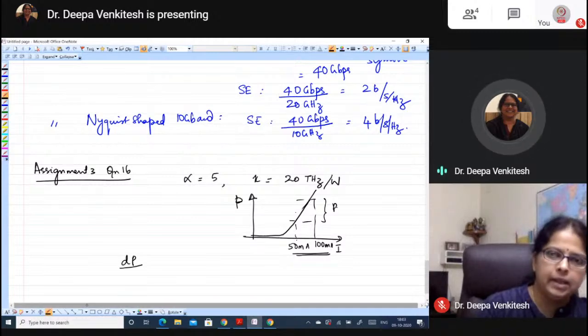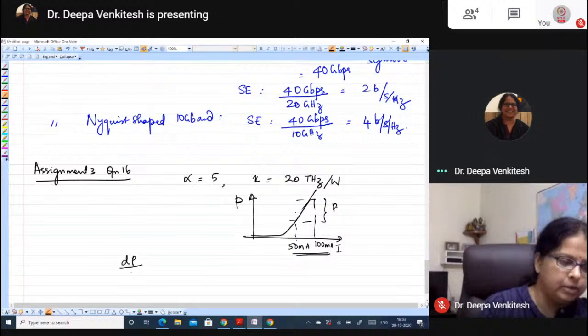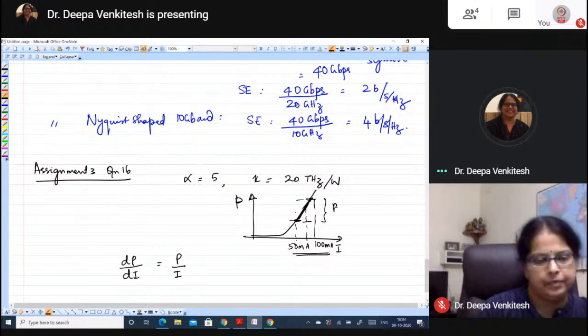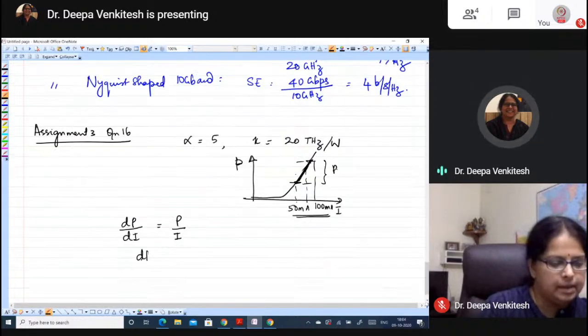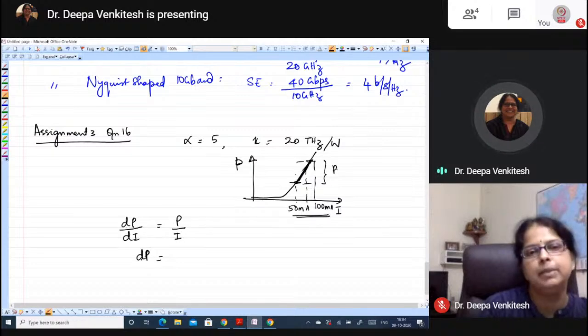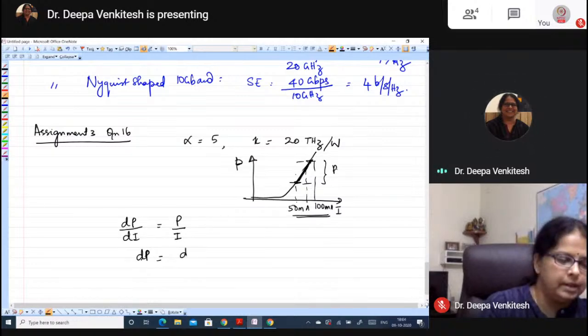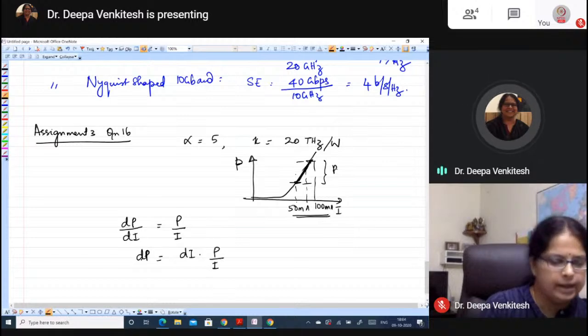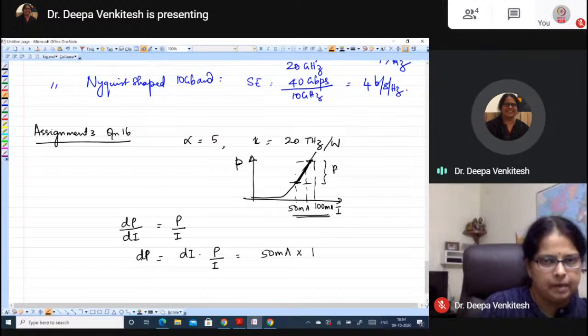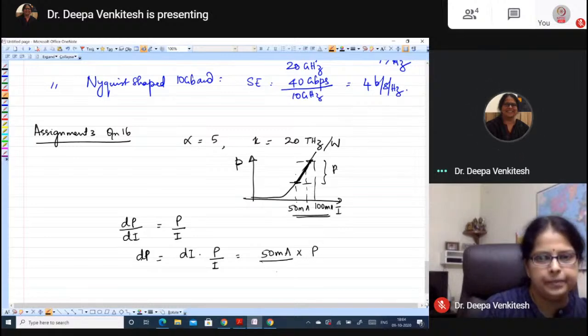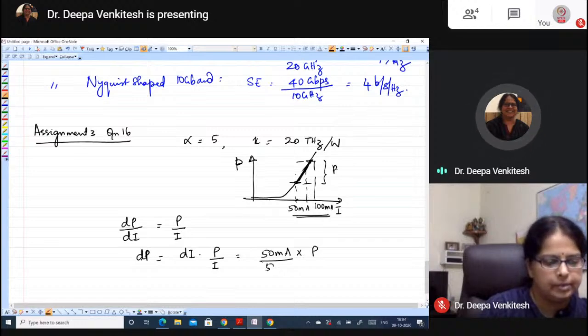Because it's a straight line, I know that dP by dI in the region that I'm assuming is the same as, let's say, P divided by I. So my dP would be dI times P divided by I, and the current changed by 50 milliamps multiplied by power divided by, let's take the reference at 50 milliamps.